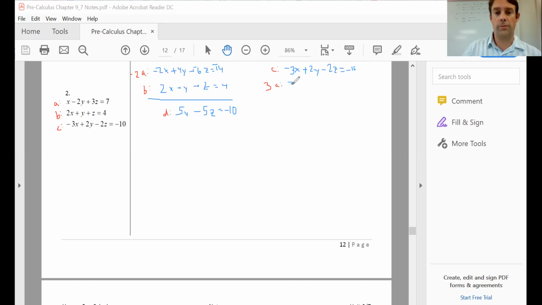So 3x minus 6y plus 9z equals 21. So we have -4y plus 7z equals 11. So we'll call that E.